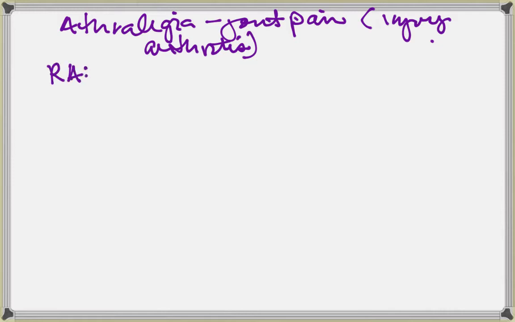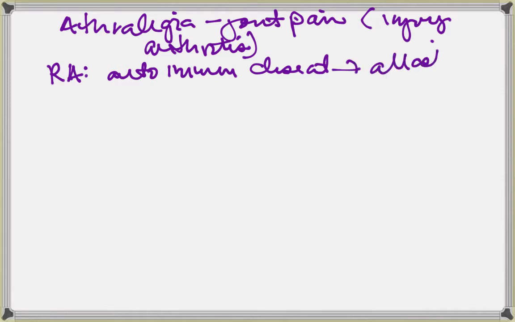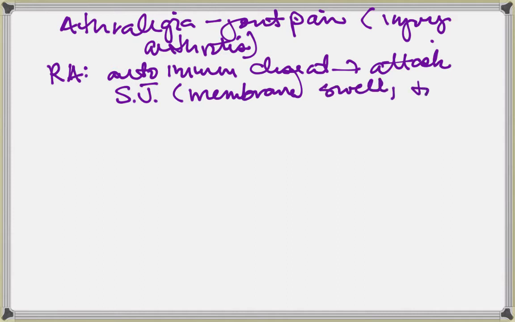RA, or rheumatoid arthritis, is an autoimmune disease. And basically it attacks the synovial joints. Specifically, it attacks the synovial membrane. It causes them to swell, turn red, and it's very painful.